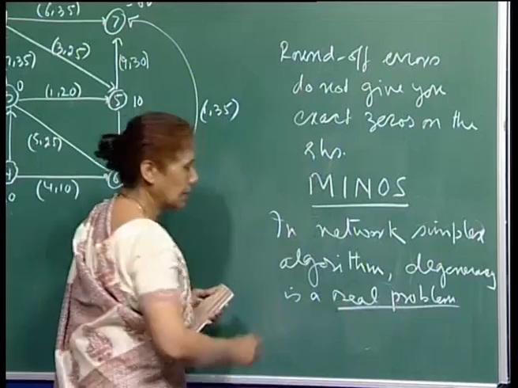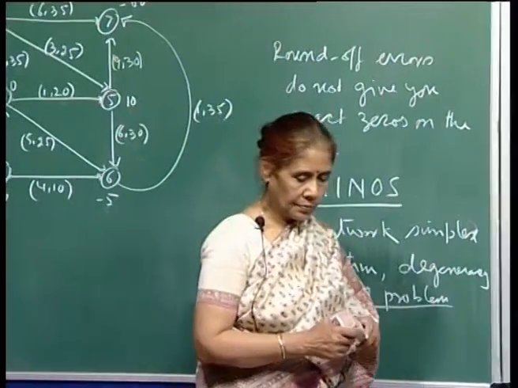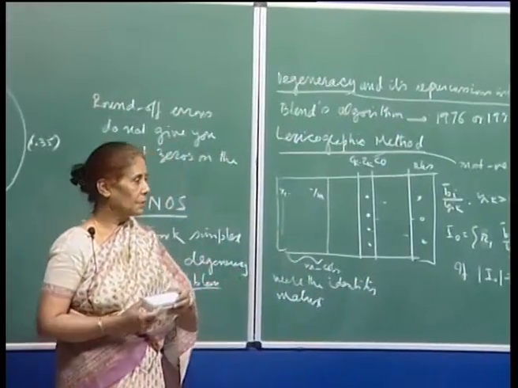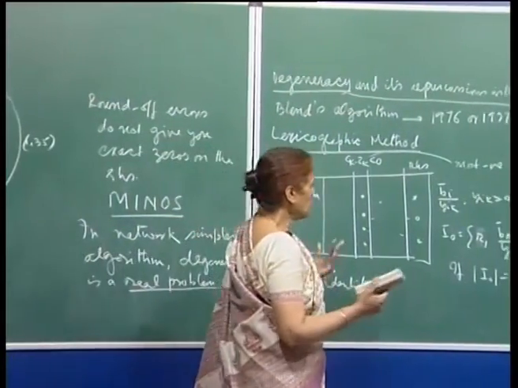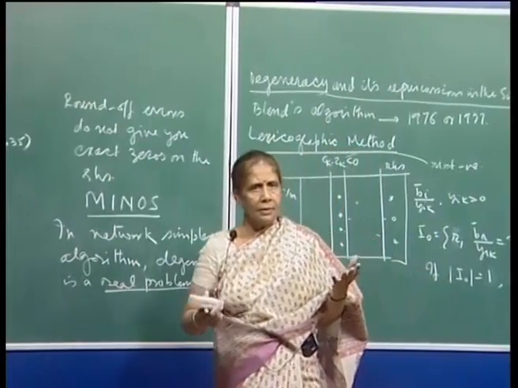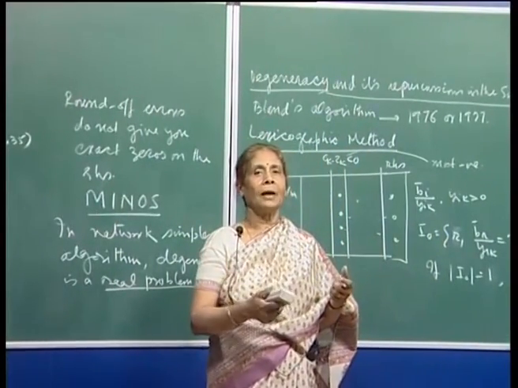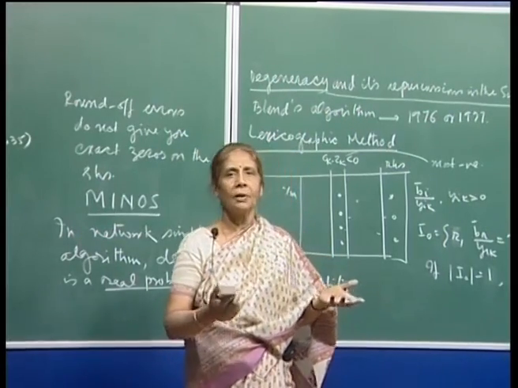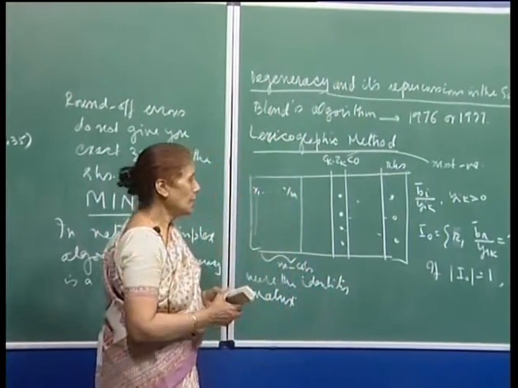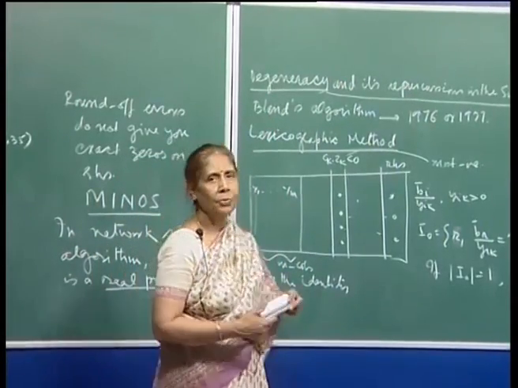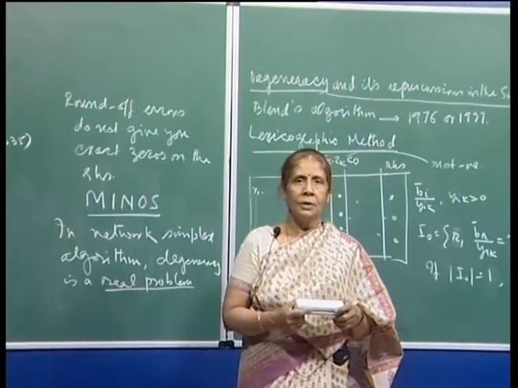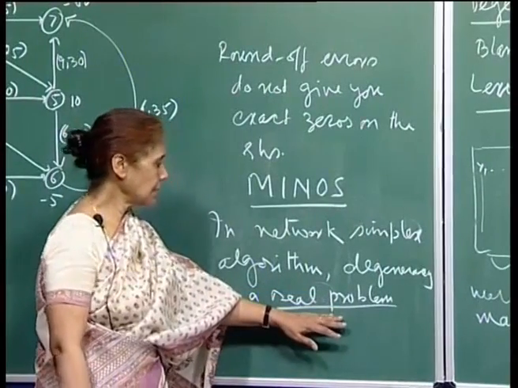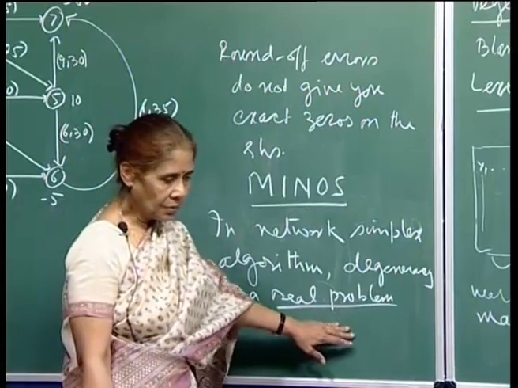I mean that it will occur, because I have not yet talked about the assignment problem or the shortest path problem. Even in the shortest path problem that we discussed, it is not necessary that a shortest path will have n minus 1 arcs in it. It may have fewer than n minus 1. So you are going to have a basic feasible solution which is degenerate. Similarly, I will sometime mention the assignment problem, which is highly degenerate. So therefore, in network simplex algorithm, degeneracy is a real problem, and so we have to tackle it.